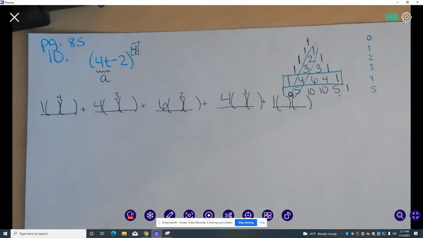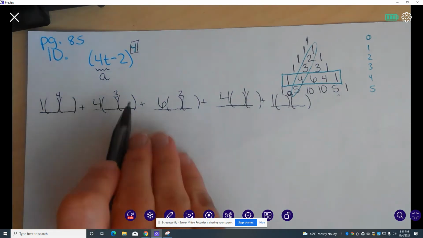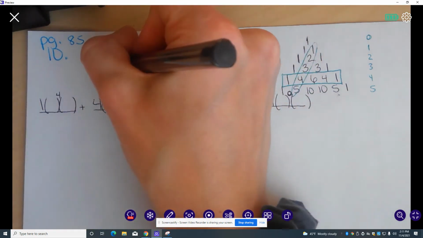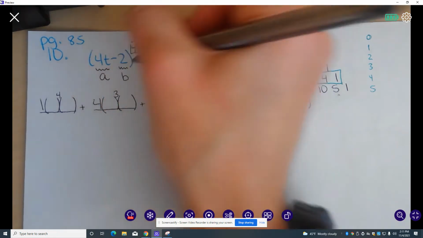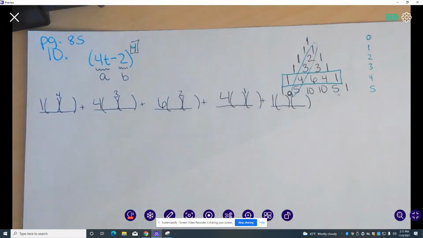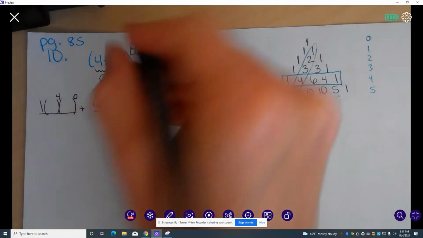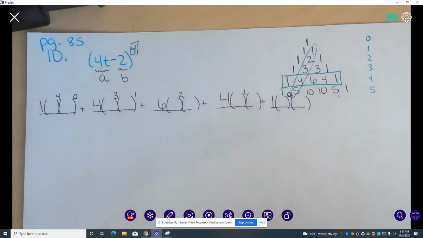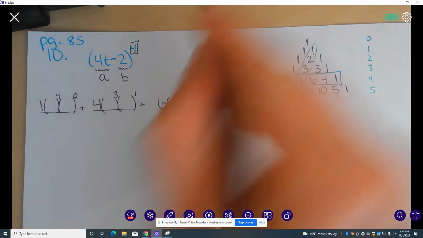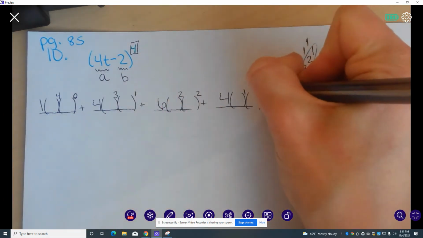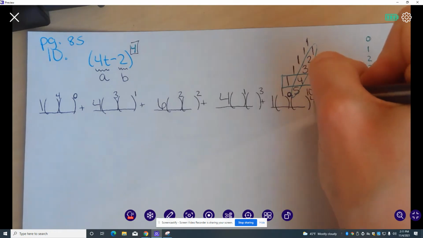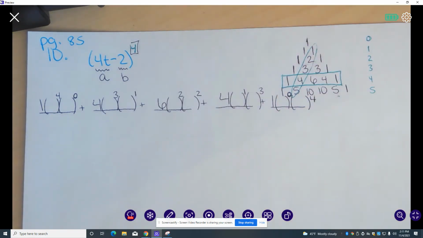Okay. And then B is going to go in the second set of parentheses, and we noticed that the exponent on B increases by 1 each time. So this starts at 0, and the exponent here increases by 1 each time. So 0, 1, 2, 3, 4 there.